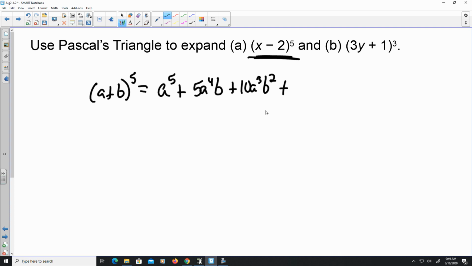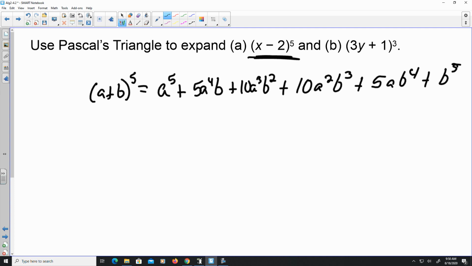There's two 10s. So this would be 10a to the 2nd b to the 3rd plus 5a b to the 4th plus b to the 5th. Sorry about that. And those values of 1, 5, 10, 10, 5, and 1 come from Pascal's triangle.